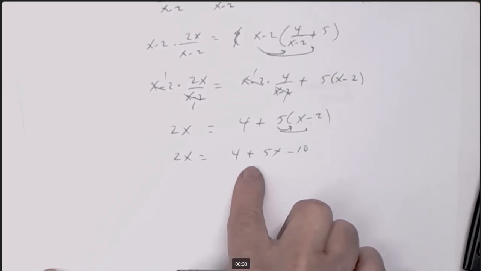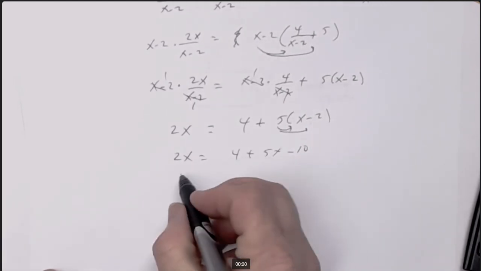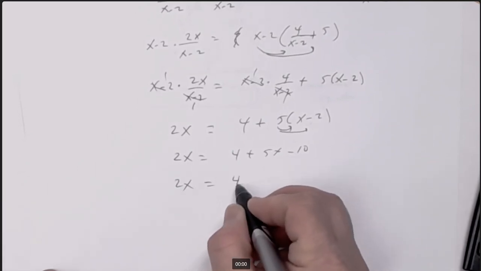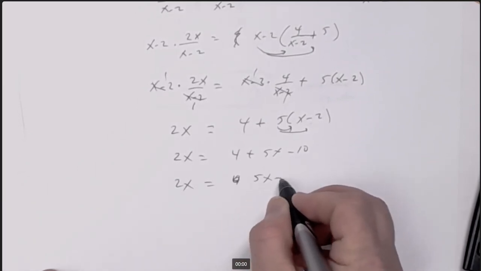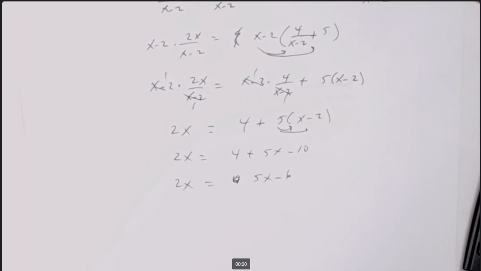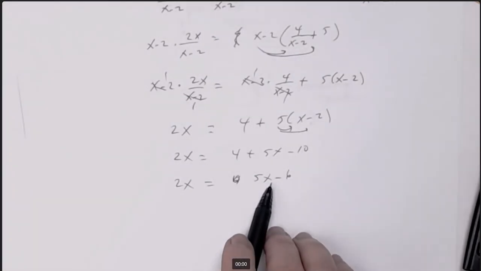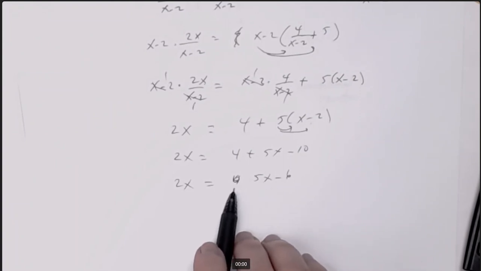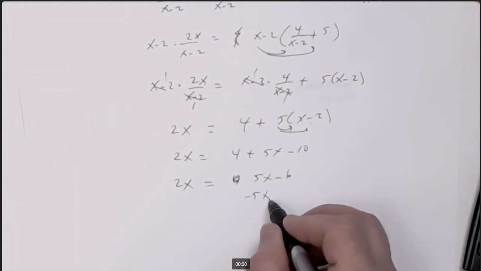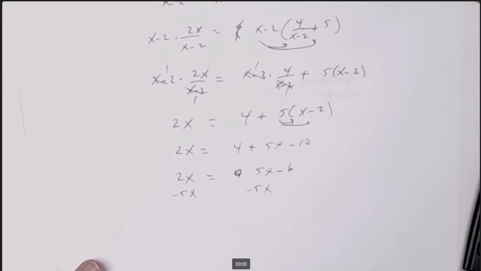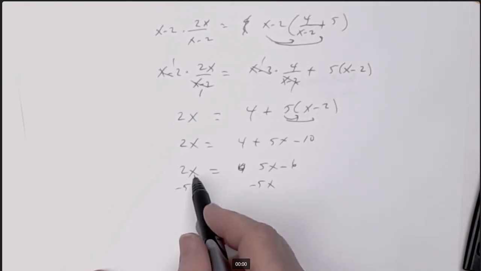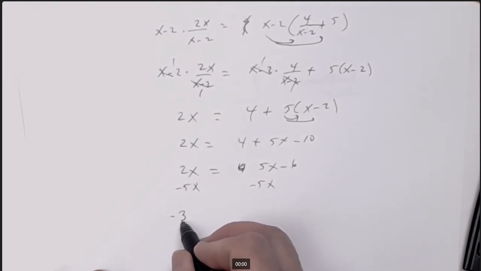5x minus 6. All right, what I'm going to do now is I'm going to subtract 5x from both sides, just like that. And 2x minus 5x is a negative 3x equals, this is 0, and you get negative 6 left.